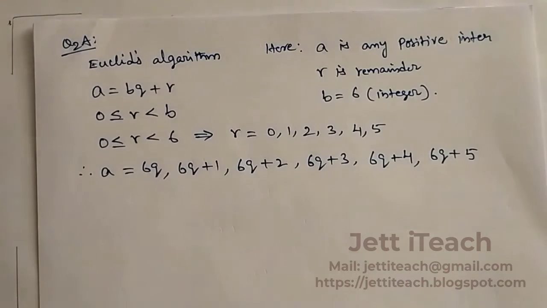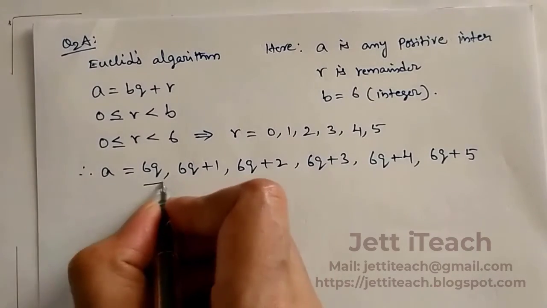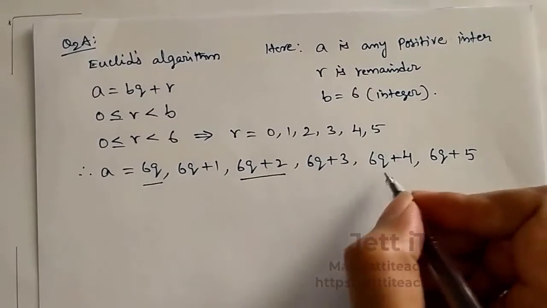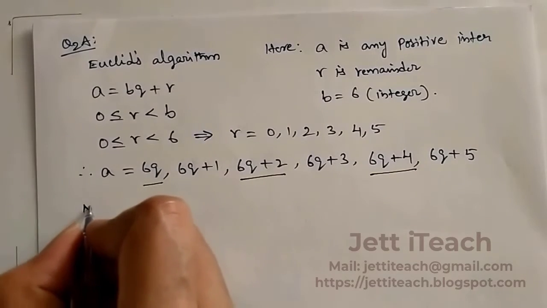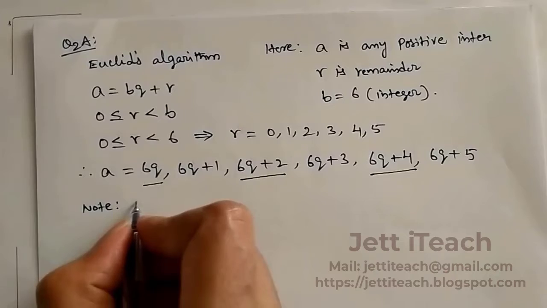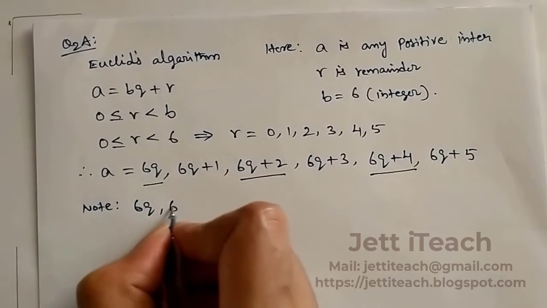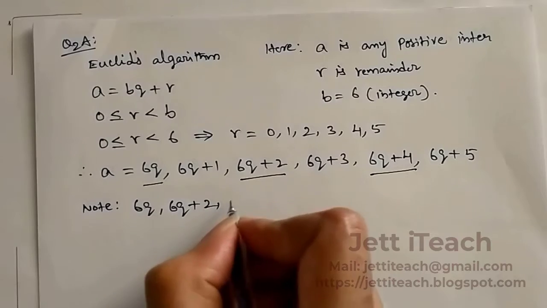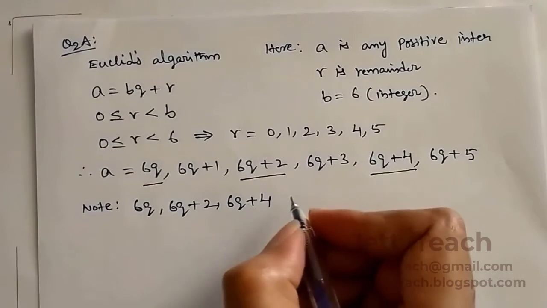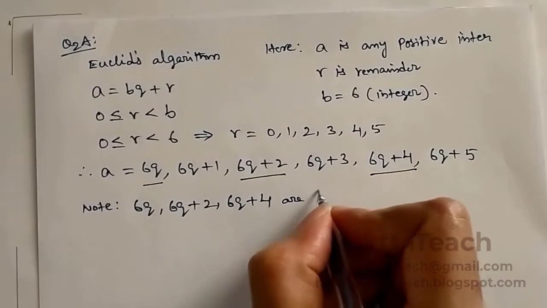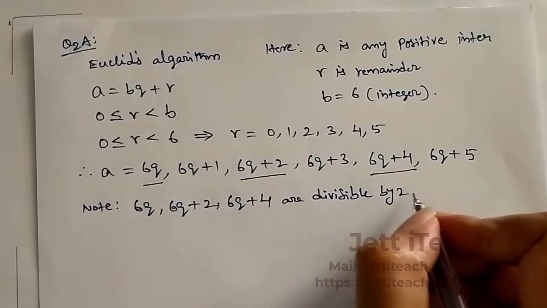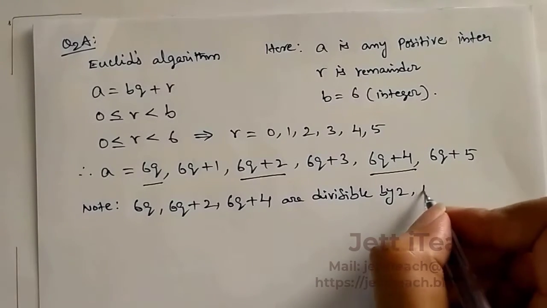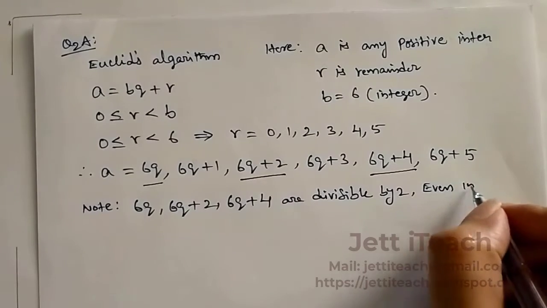If you look at 6q plus 2 and 6q plus 4, what is your observation? 6q plus 2 and 6q plus 4 are divisible by 2, so they are even integers.